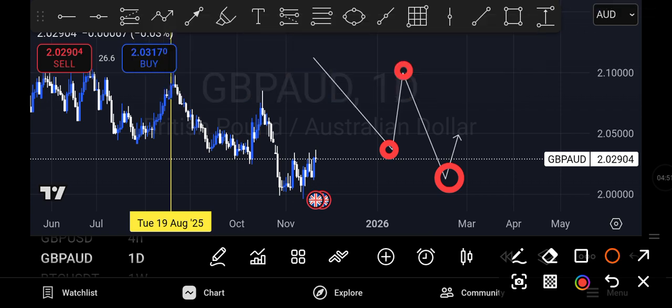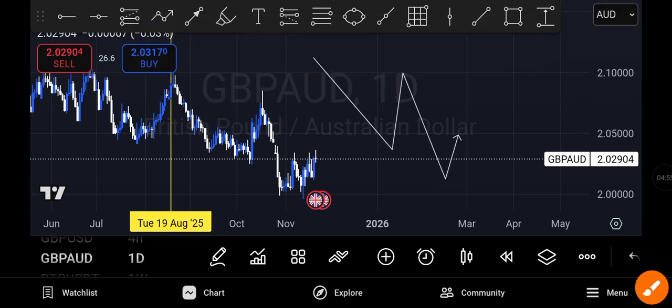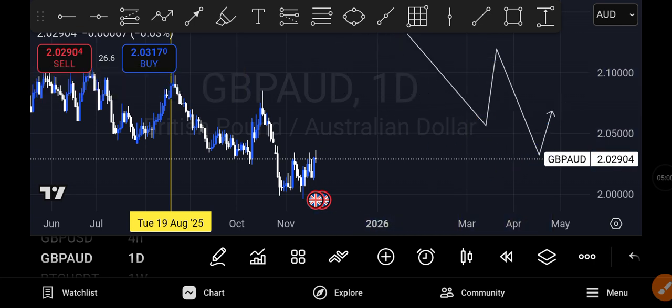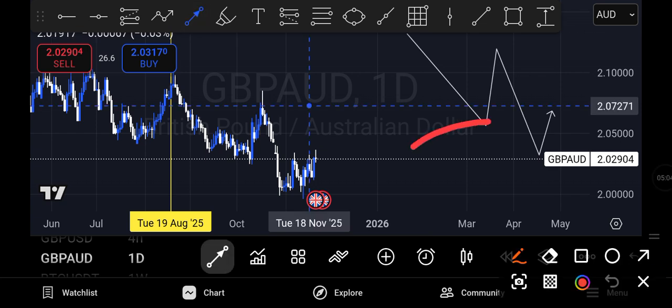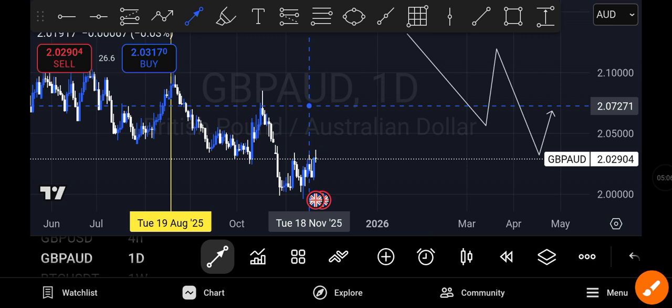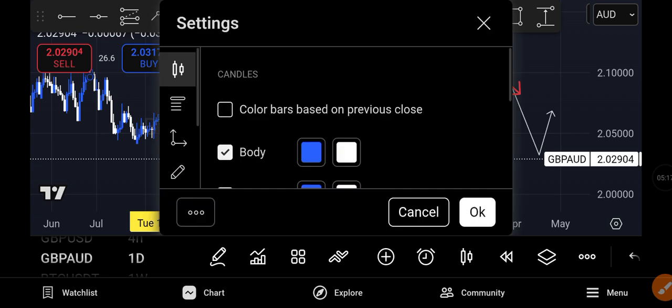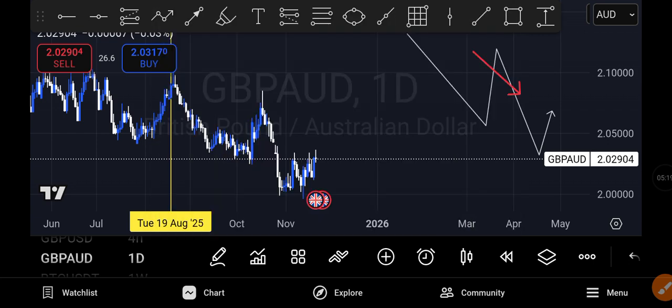Now we are looking forward to a lower high. Cool. Now that we know, daily is bearish.